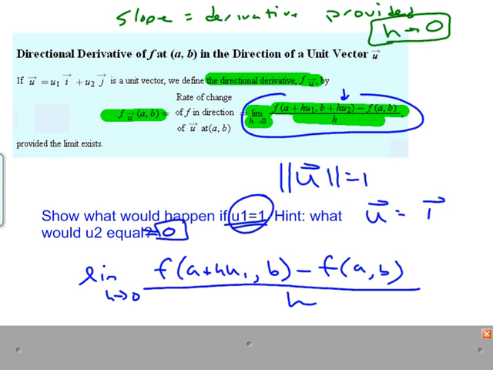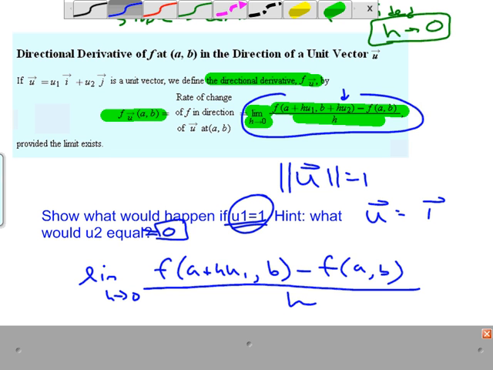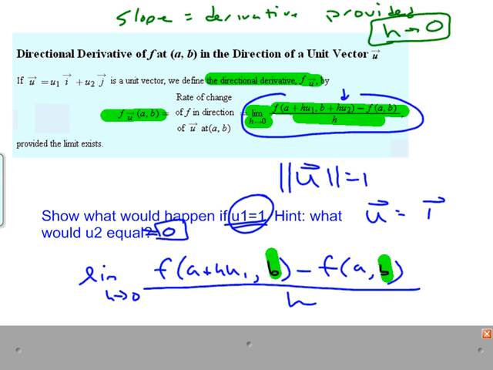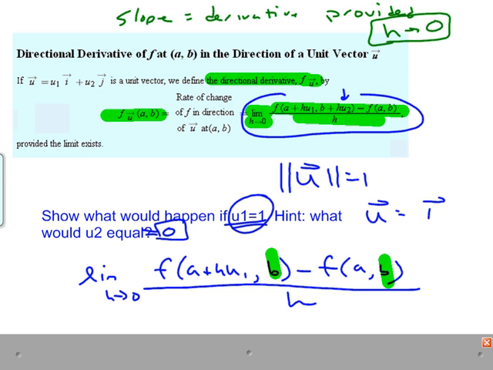And what is this? Well, since our b isn't changing, this equals the partial derivative with respect to x, because we're looking at changing just in the x direction.